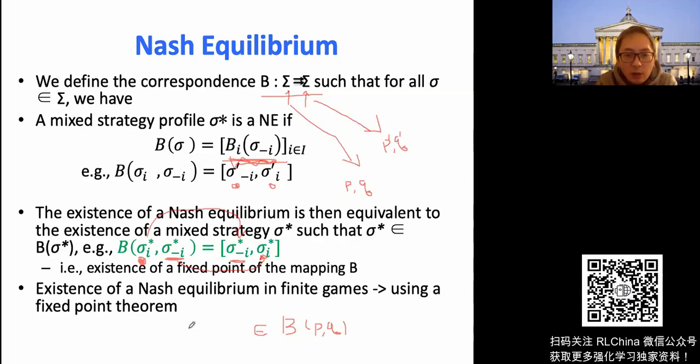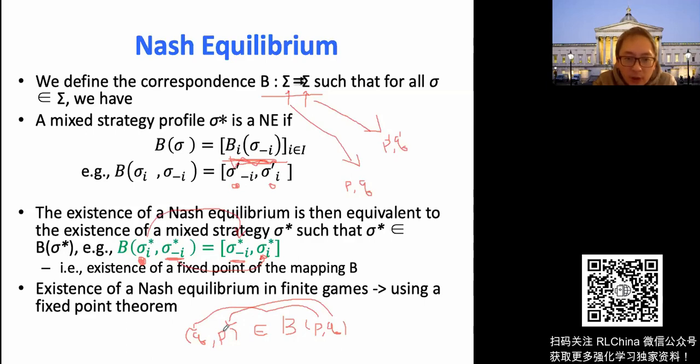Then you get a solution, which is Q and P. I write it in a different order just to reflect that P is the best response to Q, and Q is the best response to P.